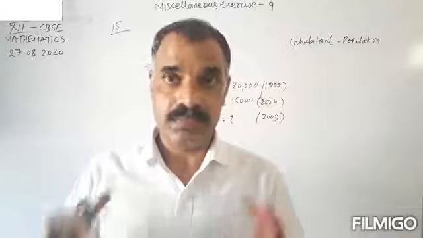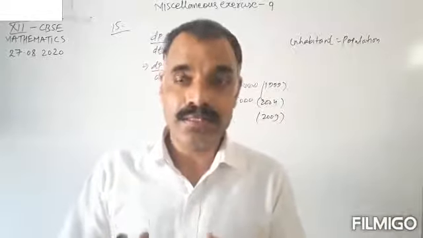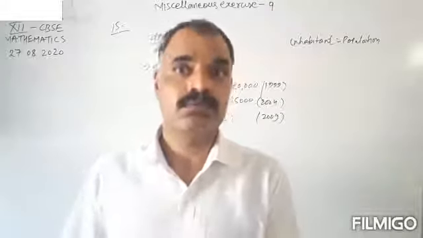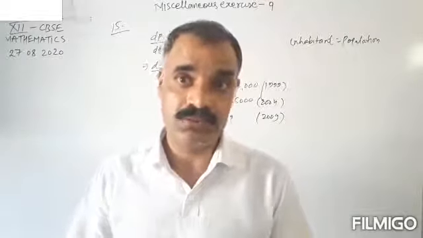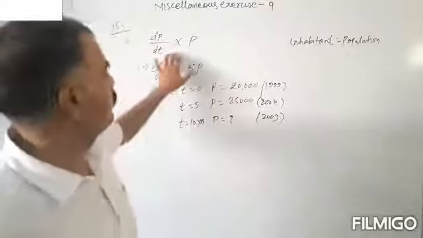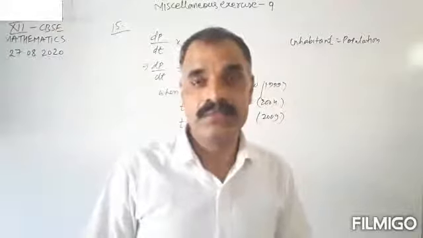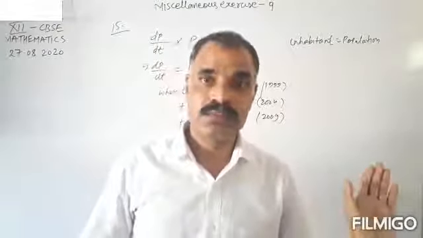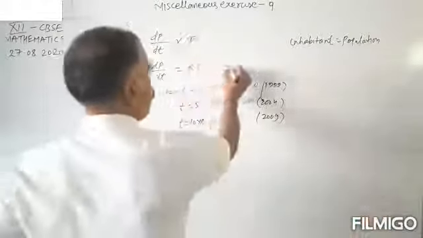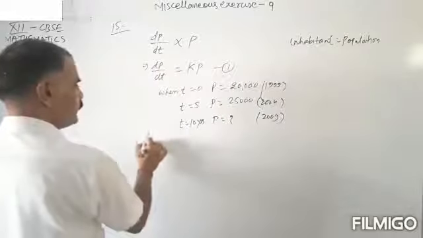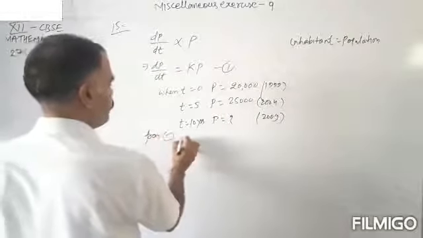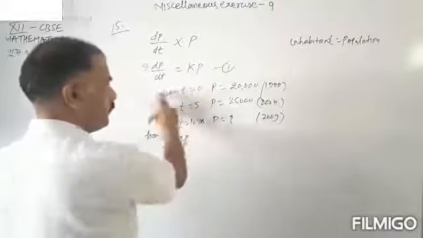The population of the village is increasing continuously at the rate dp upon dt equals kp. This is a differential equation, and we have to solve it.